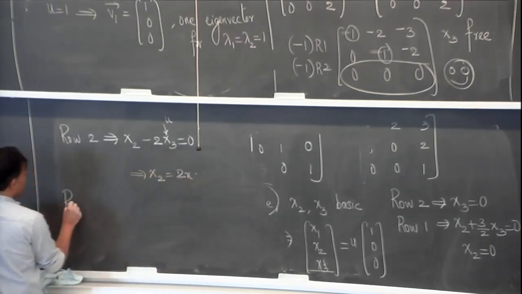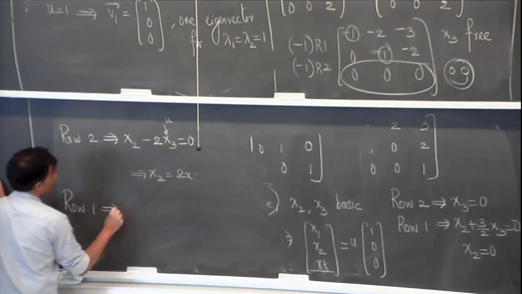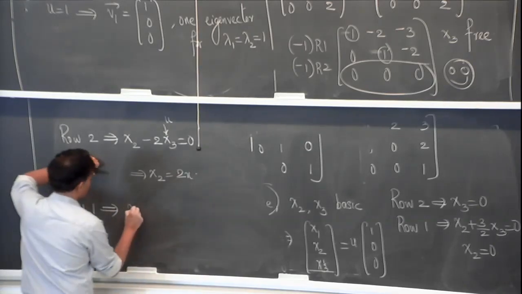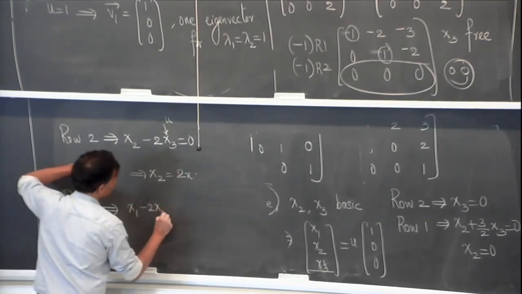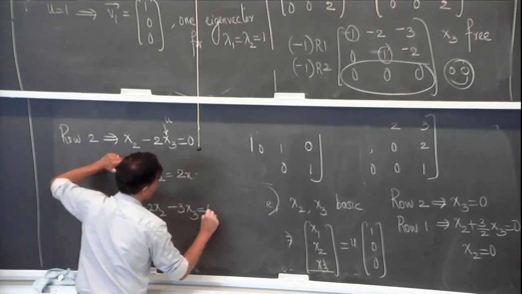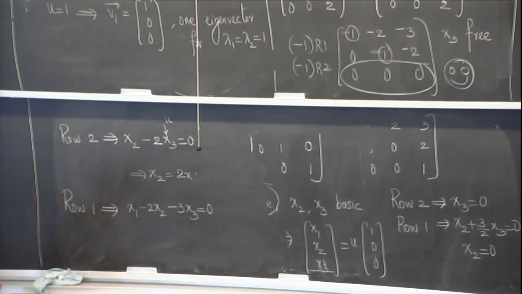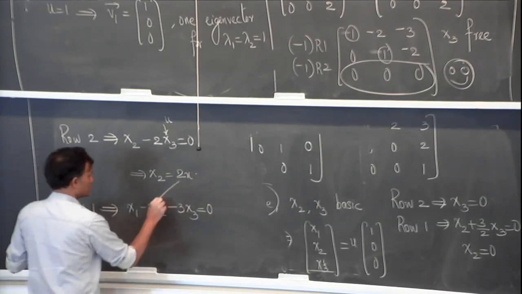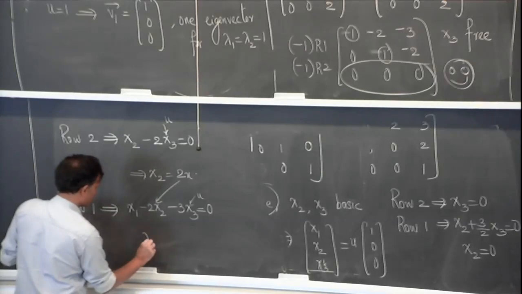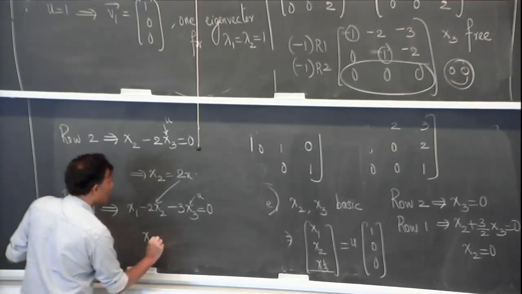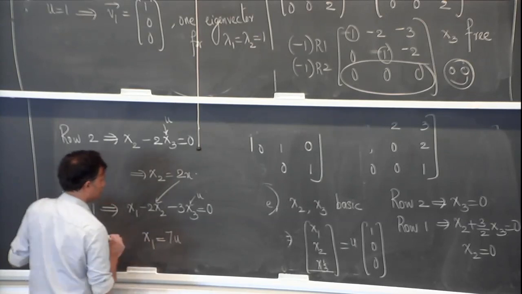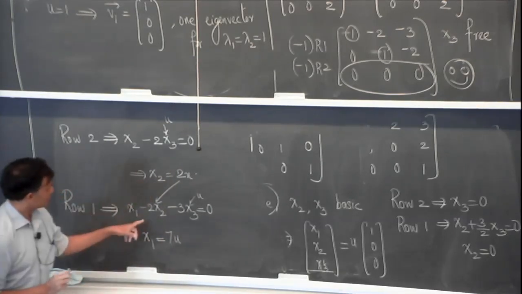And row 1 gives you x1 minus 2x2 minus 3x3 equal to 0. And that is u, that is minus 2u, so it's going to be x1 equal to 7u. So minus 4 minus 3.